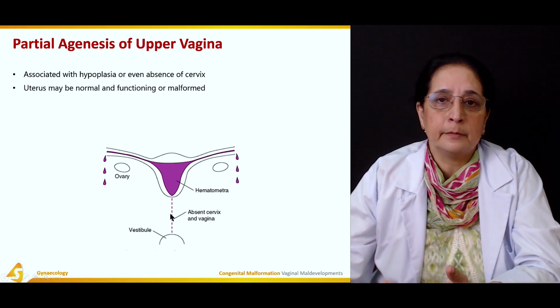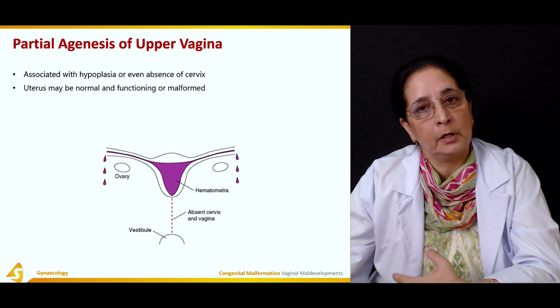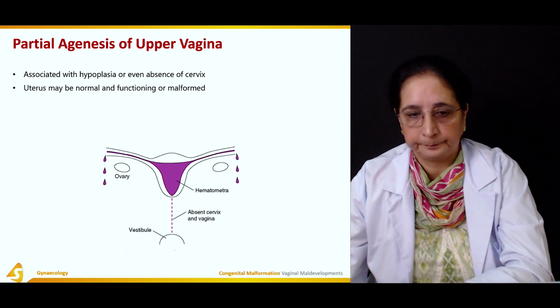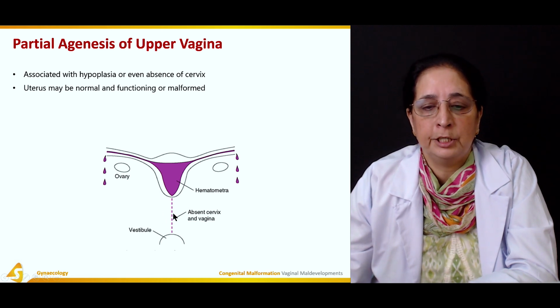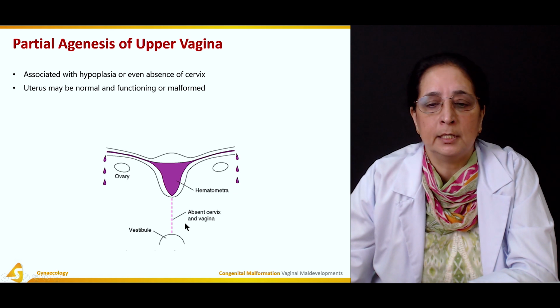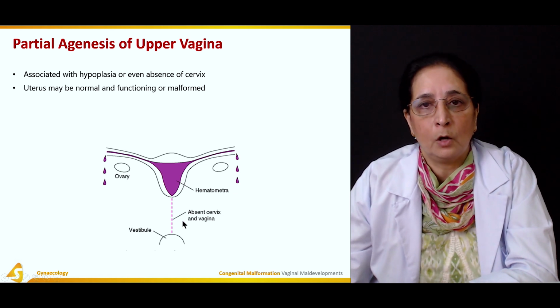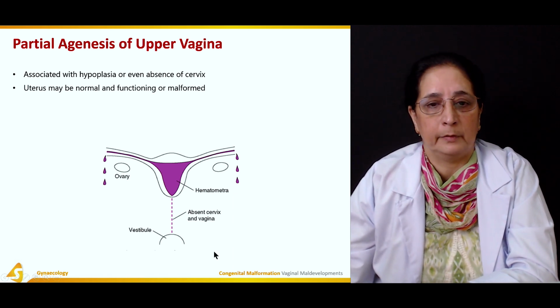The uterus may be normal functioning or it may be malformed. So here, this is the upper vagina, and there is agenesis of the upper vagina along with the absence of the cervix.